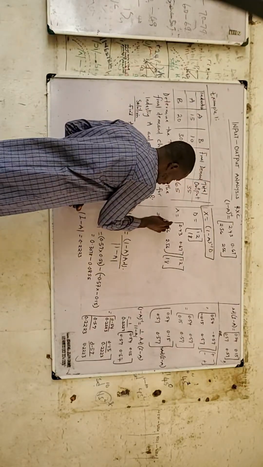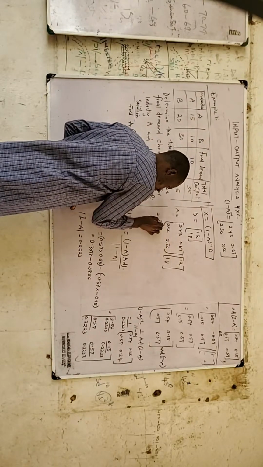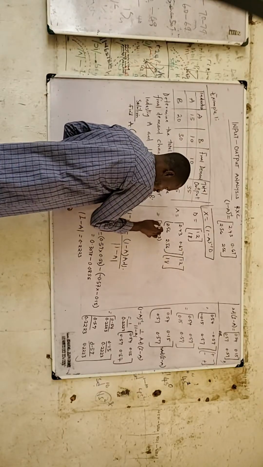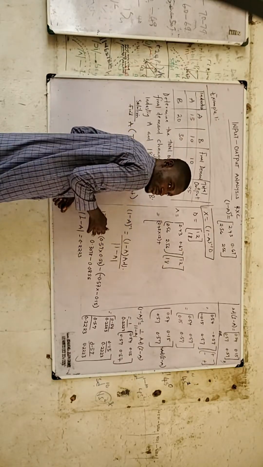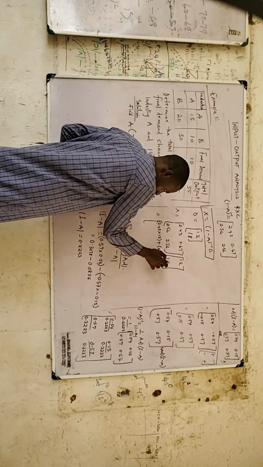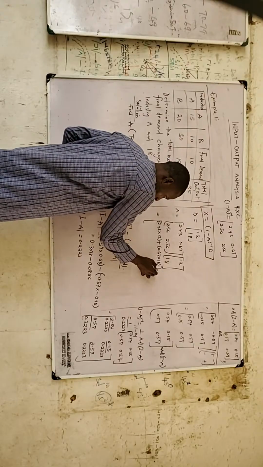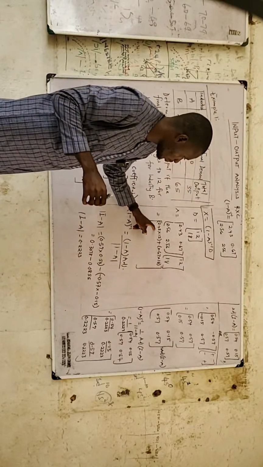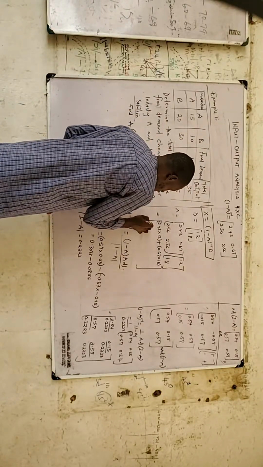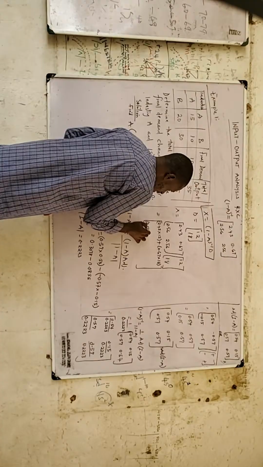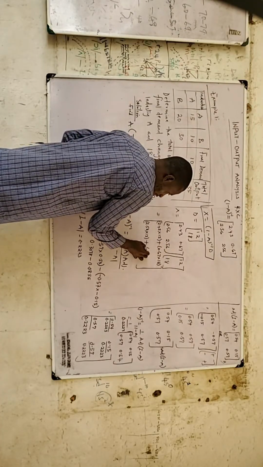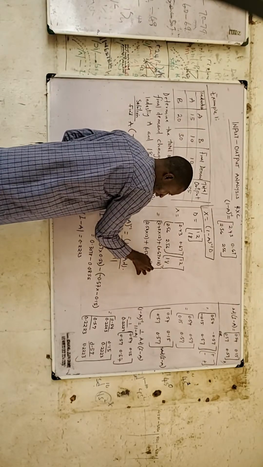So now, the first number here, 2.43, times the first number here, 12, plus the second number here, 0.67, times the second number here, 18. We are done with this row. Then this row: the first number here, 2.56, times the first number here, 12, plus the second number here, 2.56, times the second number here, 18.